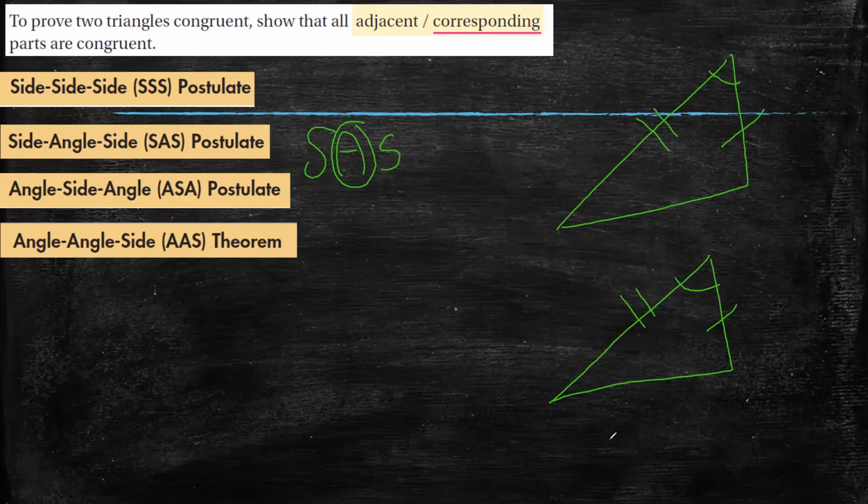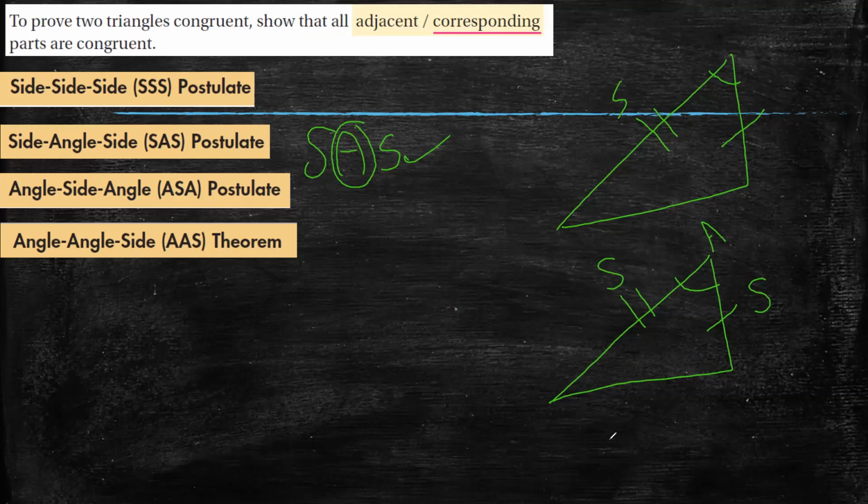I will come here now: side, side, another side, and another side. And I will check where the angle is. It is here. Since the angle is included between these two sides, I can use SAS. The angle must be included between these two sides.